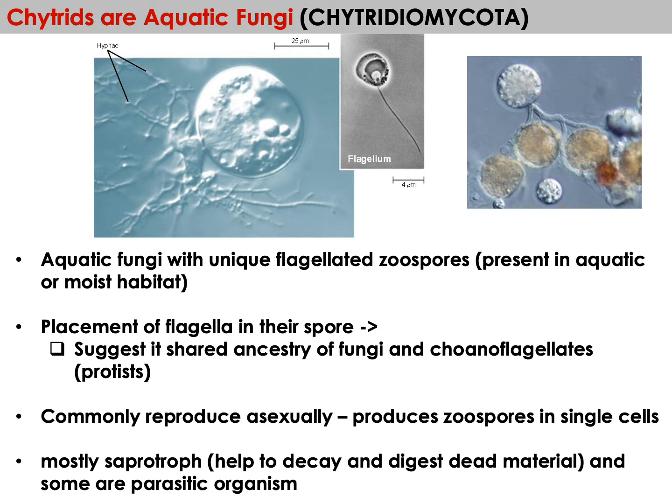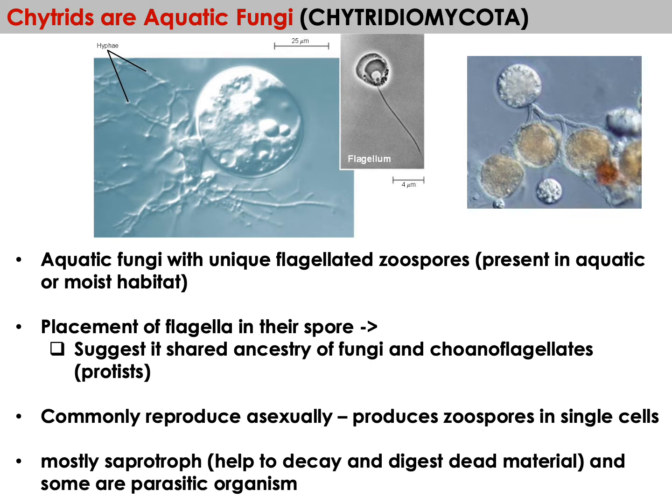So we go into details on what chytrids are. Chytrids are aquatic fungi in the phylum Chytridiomycota. They are aquatic fungi with unique flagellated zoospores. They are present in aquatic or moist habitats. The placement of the flagella is in their spores, which suggests that fungi shared ancestry with choanoflagellates, the protists.